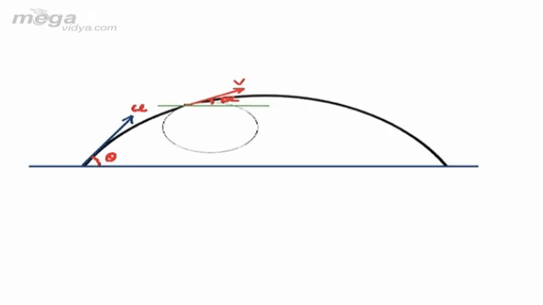If we talk about the radial direction at this instant, it can be taken as this direction. As we know, the acceleration of the projectile always remains g vertically downward. As this angle is alpha, this angle will also remain alpha.